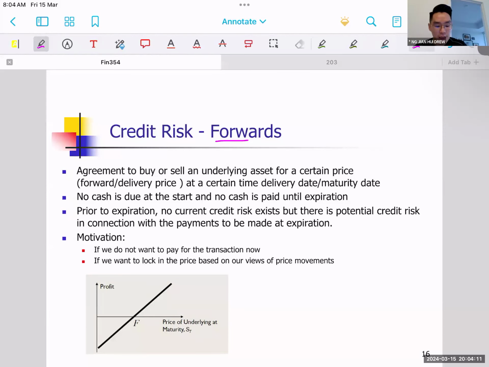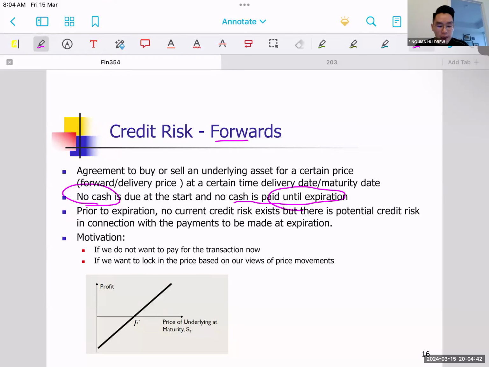Now, in a forward contract, there is no cash outflow at the start, and there's no cash going in and out until the end of the forward contract. So a forward is basically just a piece of paper, a contract between you and the forward seller. The idea is that you set a price, you set a maturity date, and that is the amount that you have to transact at that point of time, right?